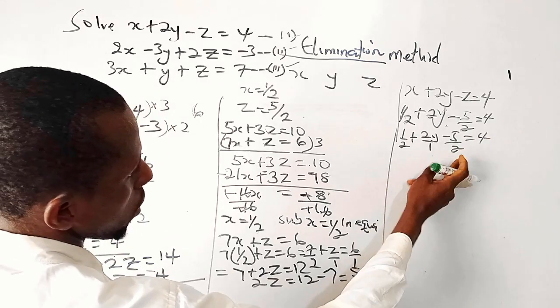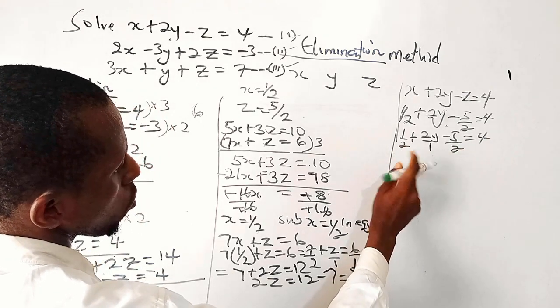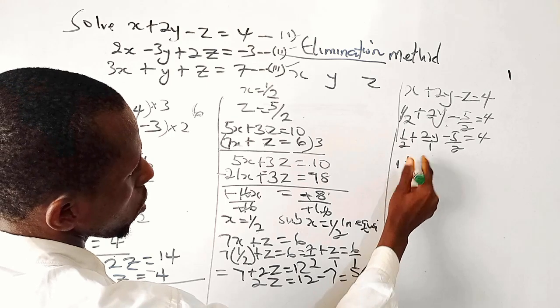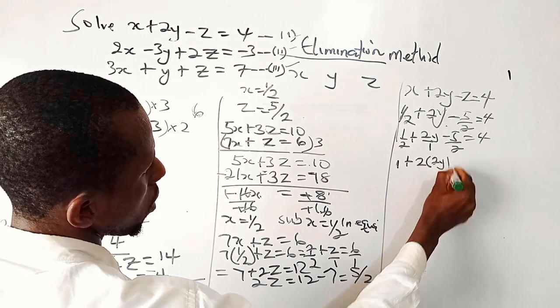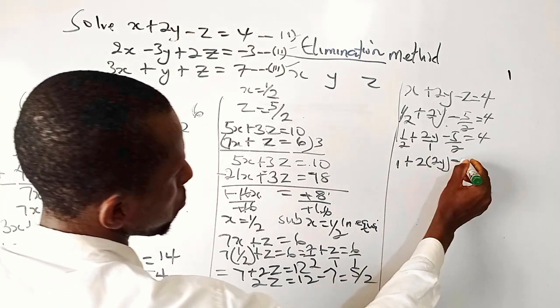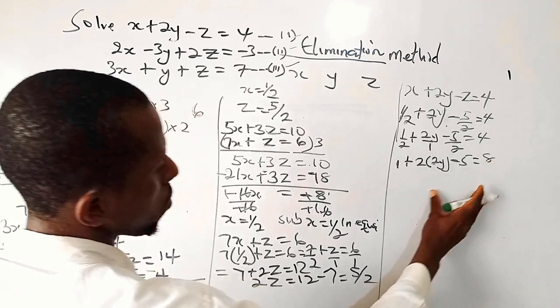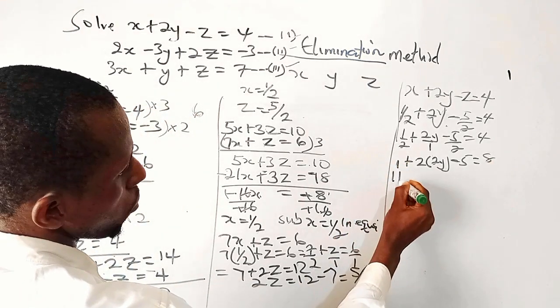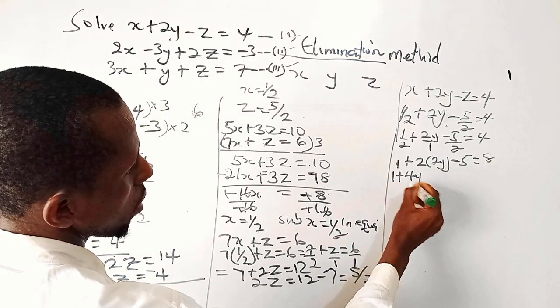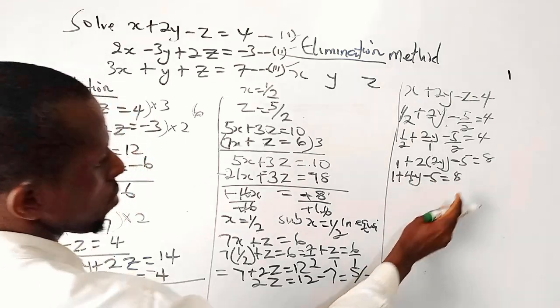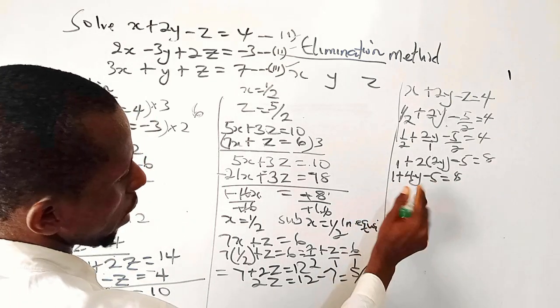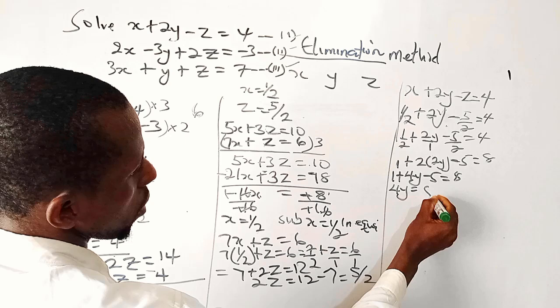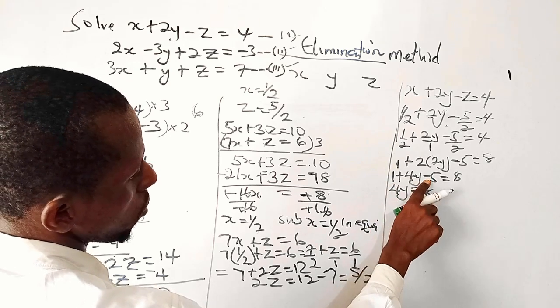When you look for the LCM and you solve this, you have 1 plus 2 times 2y minus 5 equals 8. So here you have 1 plus 2 times 2y is 4y, minus 5 equals 8. When you collect like terms, you have 4y equals 8, 1 minus 5 is minus 4.